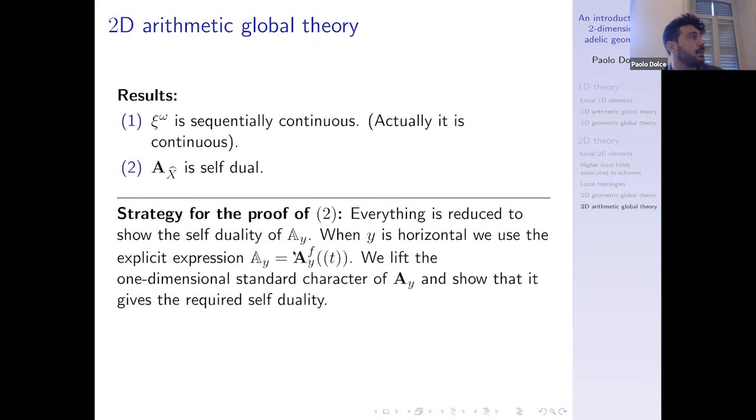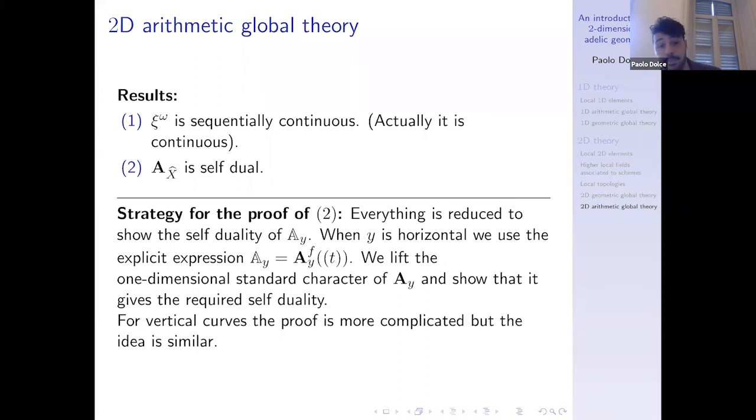You can lift this character to this space here and show that this character gives self-duality. Okay, this is more or less standard. The tricky part is when you have vertical curves, because then this lift is not obvious. But it can be done with a bit more work, and more or less it works by lifting the one-dimensional theory to this object here.